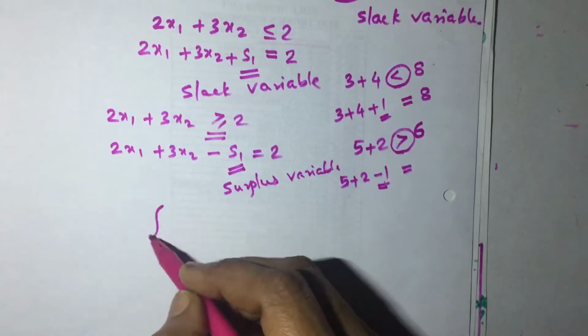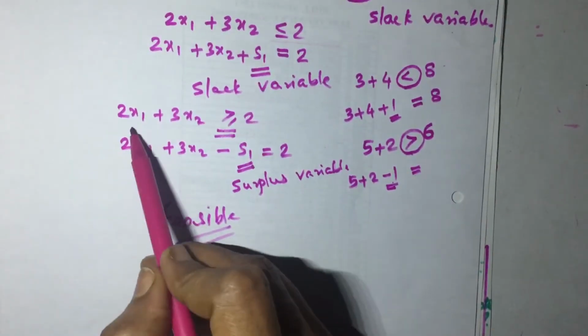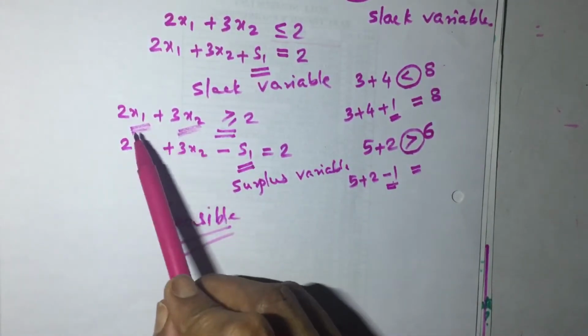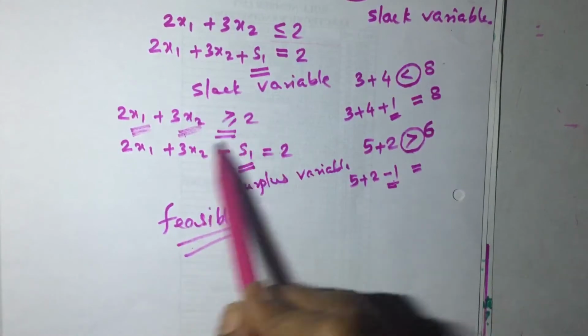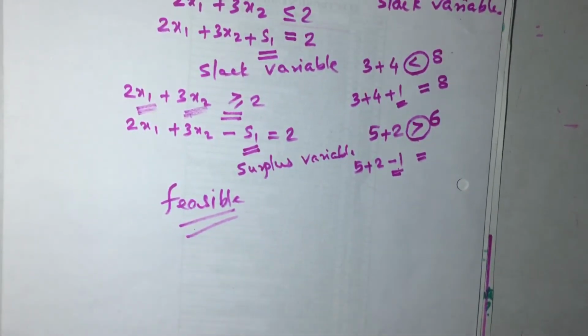Suppose x1 and x2 get certain values and satisfy the conditions, then that solution is called a feasible solution.